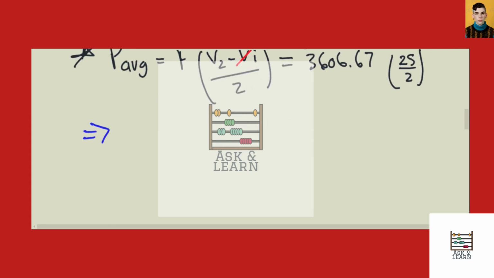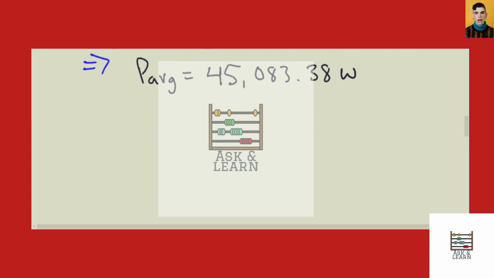So the average power exerted by the engine is 45,083.38 watts. So now we can find the average power that the engine supplies. So we'll call that P in average, which is equal to average power divided by efficiency.